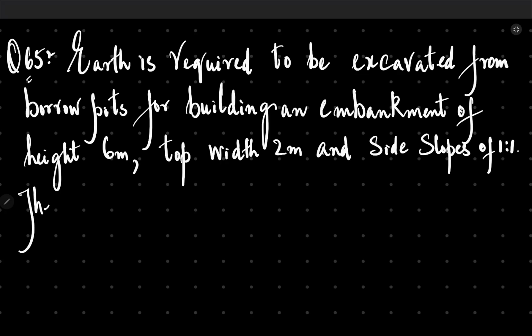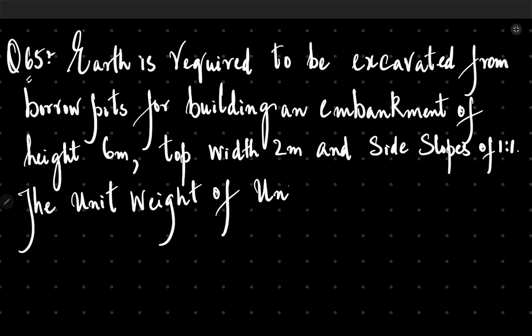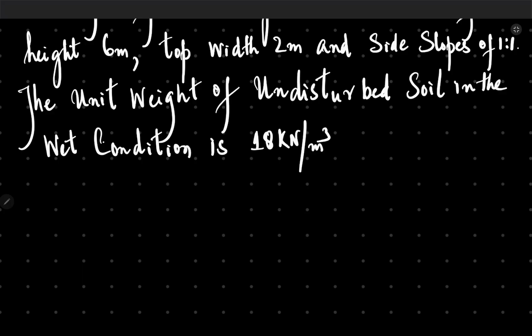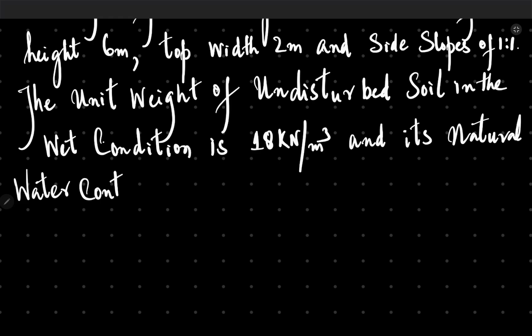The unit weight of undisturbed soil in the wet condition is 18 kilonewton per cubic meter, and its natural water content is 8%.